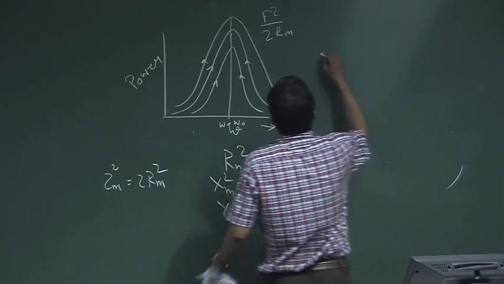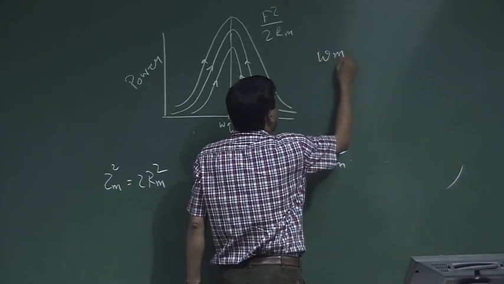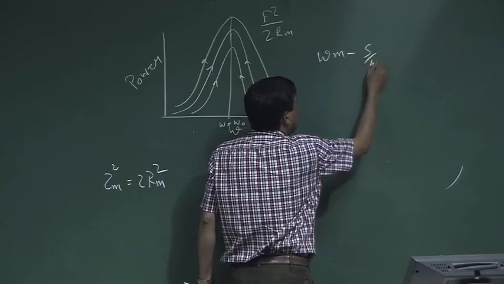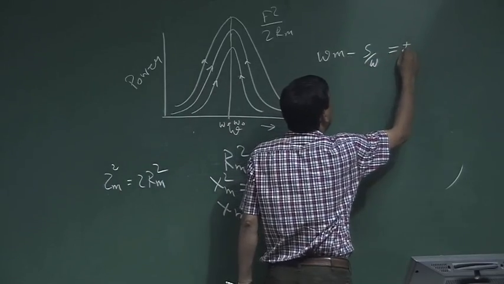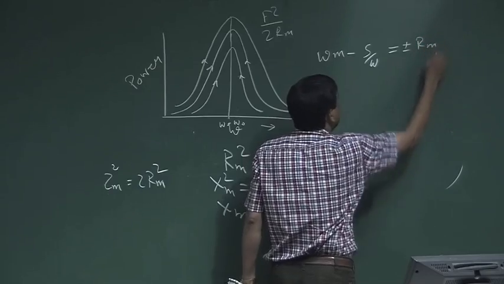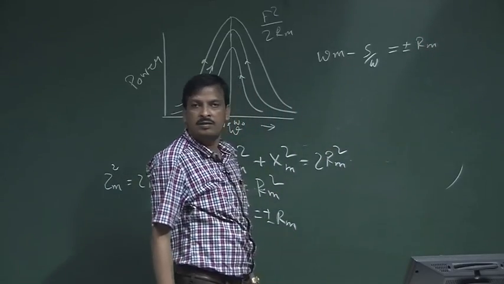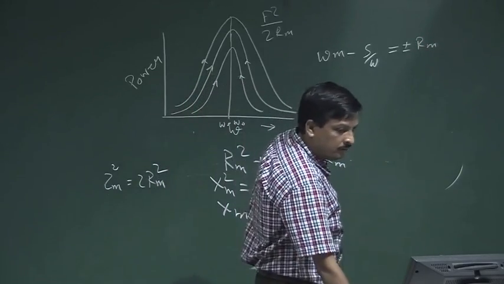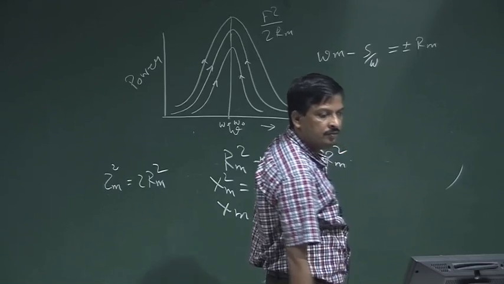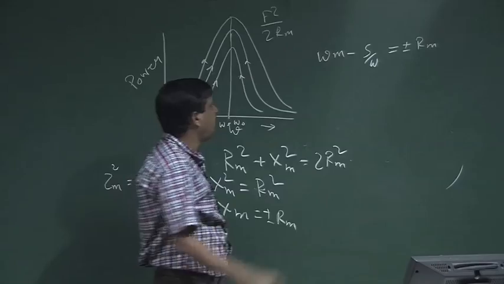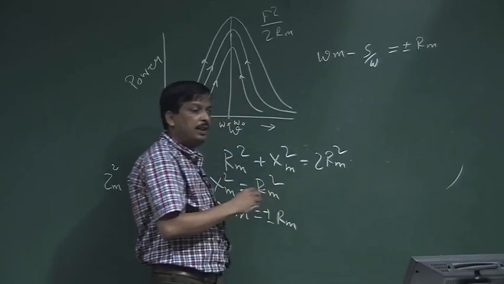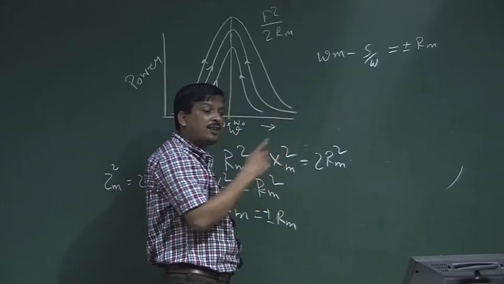Now, what is Xm? Reactance Xm is nothing but omega m minus S by omega, equal to plus minus Rm.